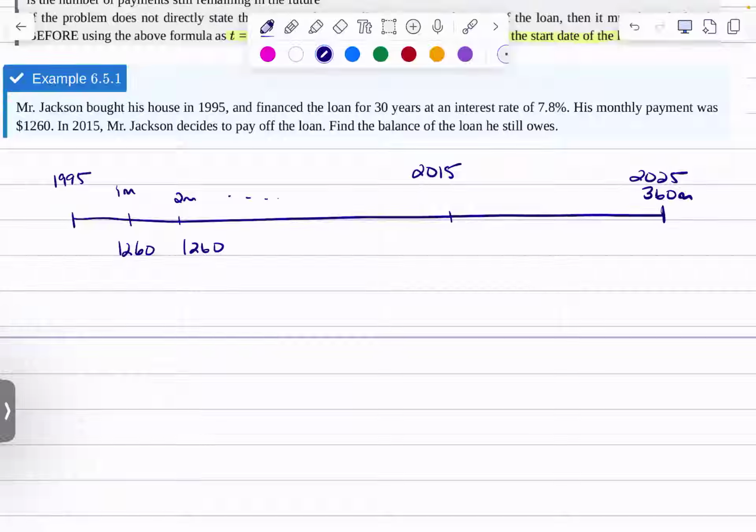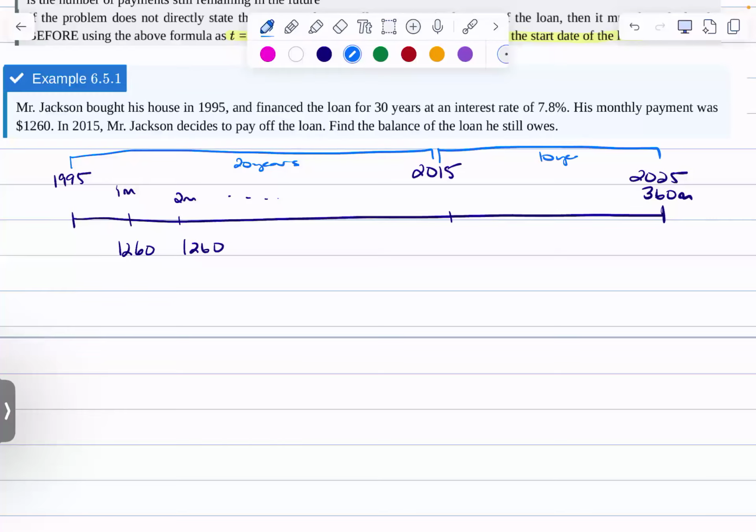2015 is after 1995, 20 years later. So he's made 20 years of payments, and of course, he's got 10 years of payments owing. I'll say owing here.